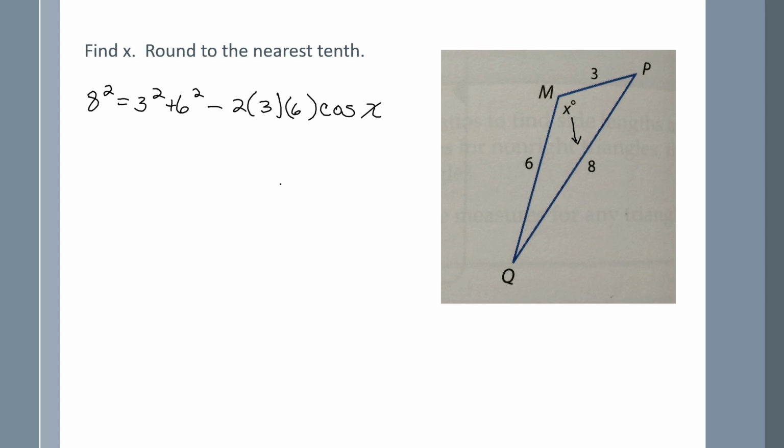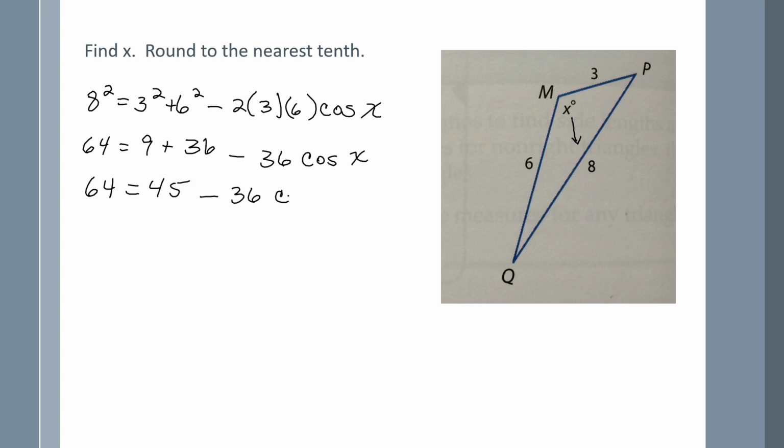Alright, so let's clean this up. I got 64 equals 9 plus 36 minus 2 times 3 is 6 times 6 minus 36 cosine of x. So 64 equals 45 minus 36 cosine of x.